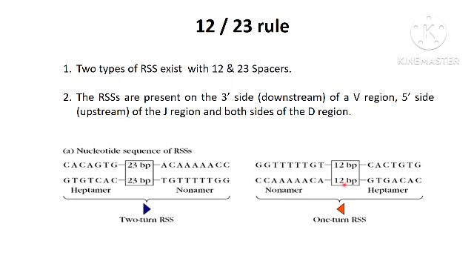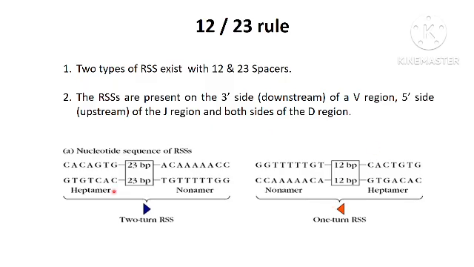Okay. So if you have a gene segment, for example a V segment with a 23 base pair RSS, it can fuse with a D segment with a 12 base pair RSS. Okay, a 23 base pair V region cannot bind with the 23 base pair RSS flanking the D region.